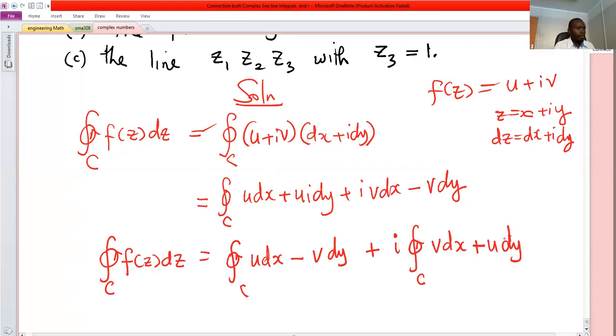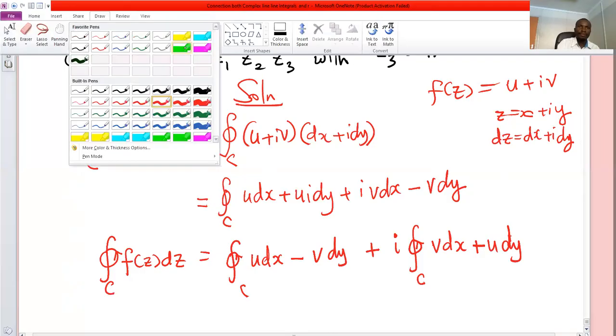So that is how we can write any contour integral of a function f(z).